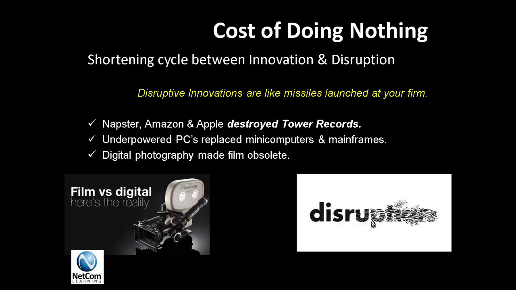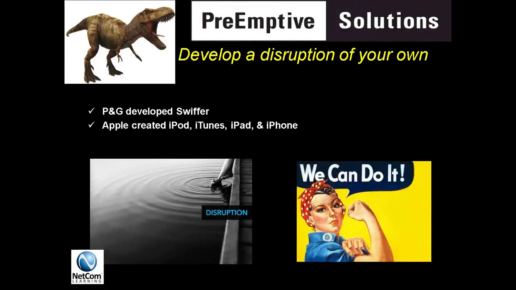Because if you take an idea and you don't monetize it, it might be a wonderful scientific breakthrough, but without the business model, it cannot be sustained as a disruption. We also have other examples: P&G developed the Swiffer that we touched upon in last month's webinar, and we also alluded to Apple with their iPod, iTunes, iPad, and iPhones.